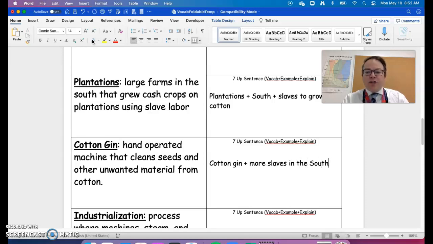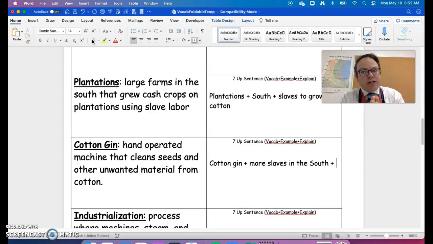Because before, the issue was cleaning the cotton. It took a long time to clean the cotton. Now we can put it in the gin, and we can clean the cotton. One cotton gin can replace the same amount of work as 40 slaves hand cleaning cotton. So now you don't need as many slaves cleaning the cotton, but you need 40 more slaves to pick the cotton to get to that cotton gin.